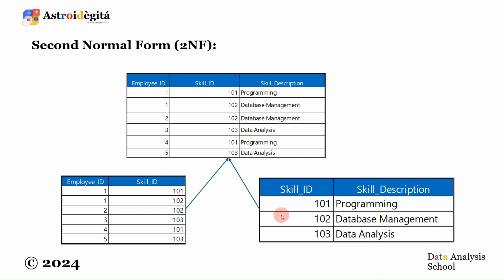This new structure adheres to the principles of the second normal form as the non-prime attribute, which is the skill description here, is fully functionally dependent on the entire primary key, which is the skill ID, right? Let us move to the third normal form rule.